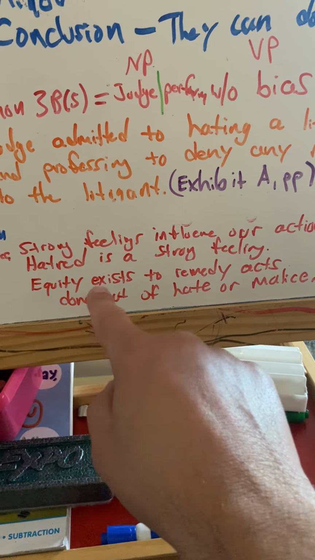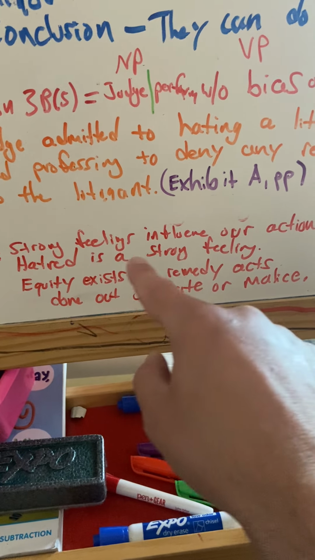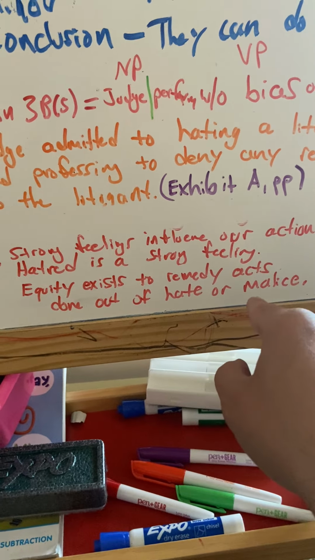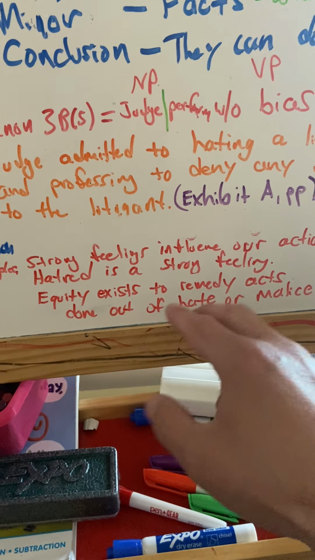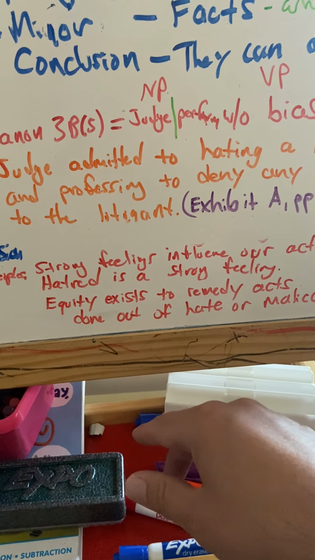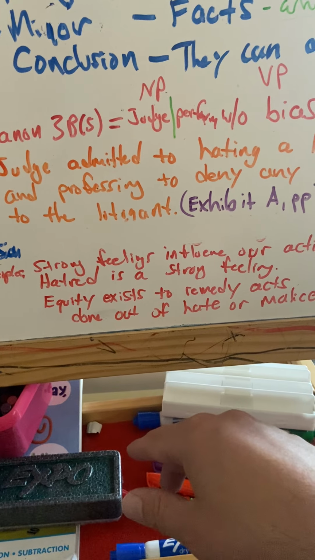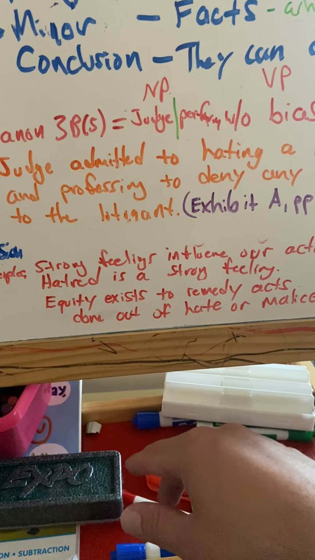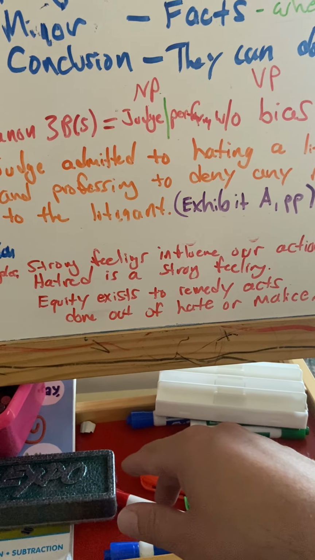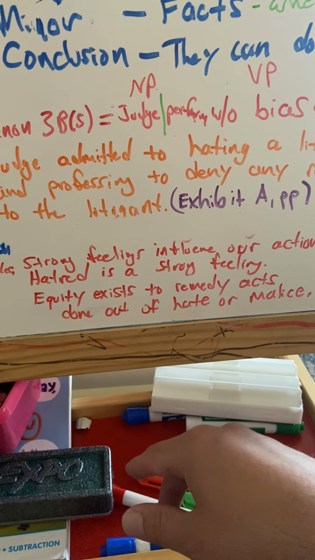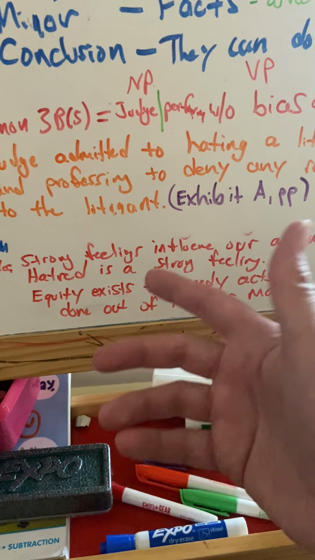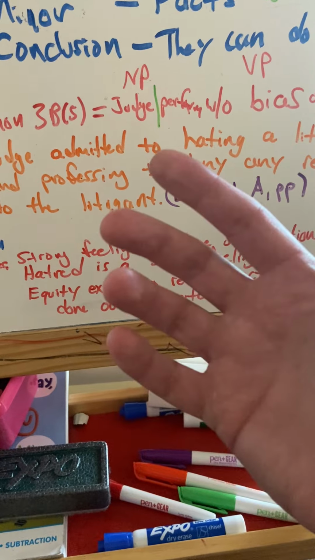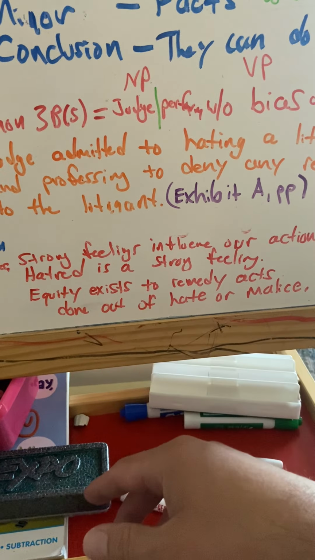Equity exists to remedy acts done out of hate or malice. Equity is a term not a lot of people understand. They think it has to do with your home, but it's actually like the Proverbs in the Christian Bible, or the Muslims, the Hindu, the Tao.